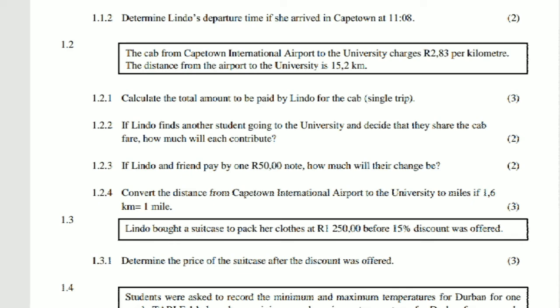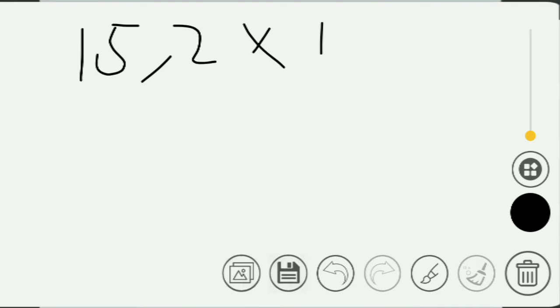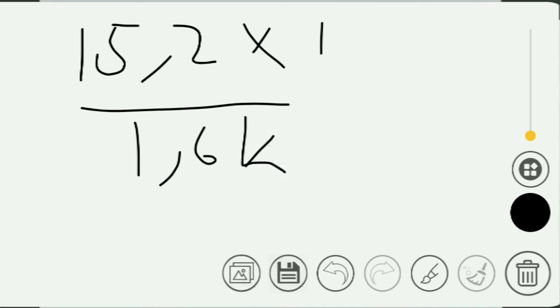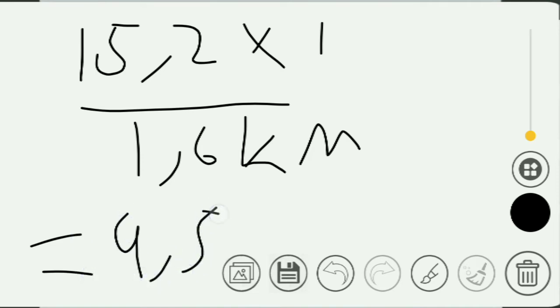We are trying to find out what 15.2 km equals in miles. So we're going to say 15.2 multiplied by 1 mile divided by 1.6 km, which equals 9.5 miles.